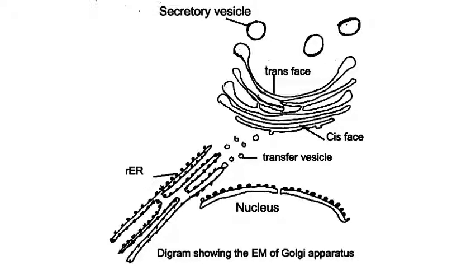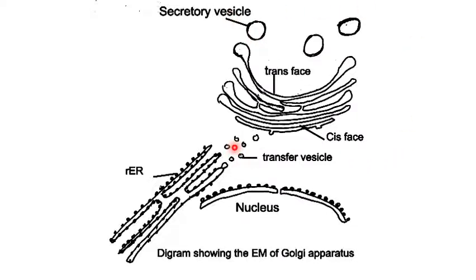Here is a diagrammatic picture showing the relation between the rough endoplasmic reticulum and the Golgi apparatus. The protein passes from the rough endoplasmic reticulum in the form of a transfer vesicle. This transfer vesicle goes to the Golgi apparatus. Changes occur in the Golgi apparatus, and a secretory product arises from the other face of the Golgi apparatus.